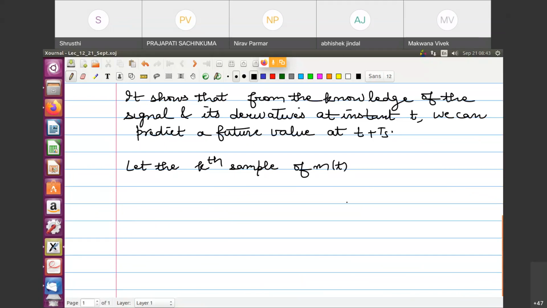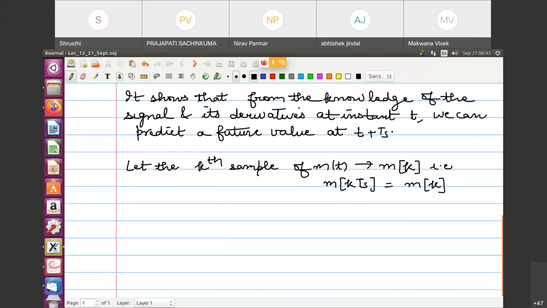Okay. K sample of m of t be denoted as m of k, that is m of k ts is m of k. Okay. So basically you are replacing t by k ts.